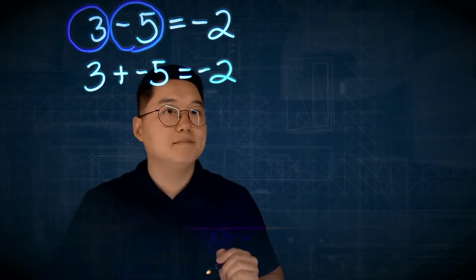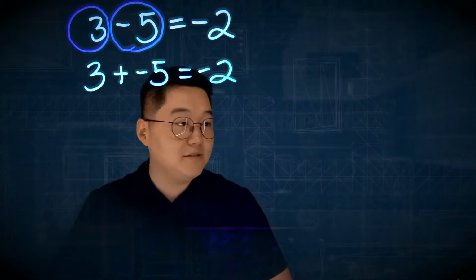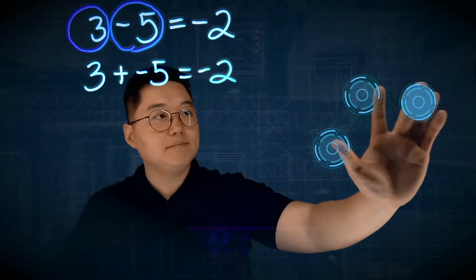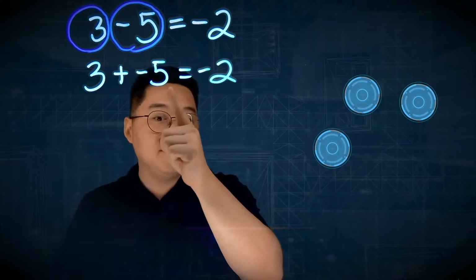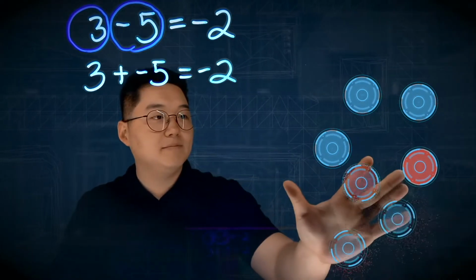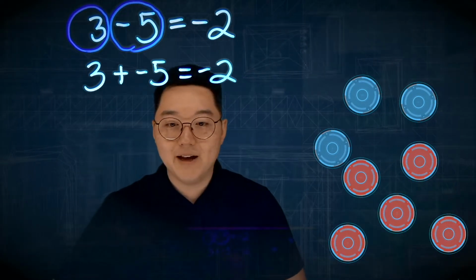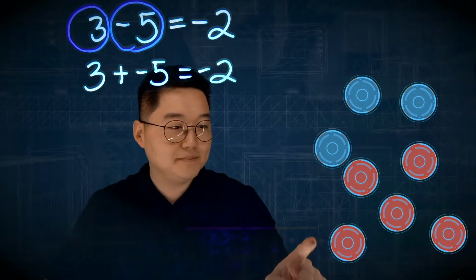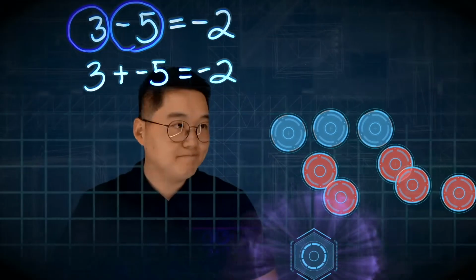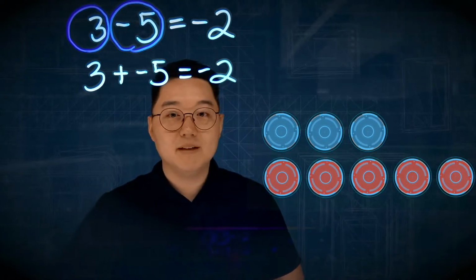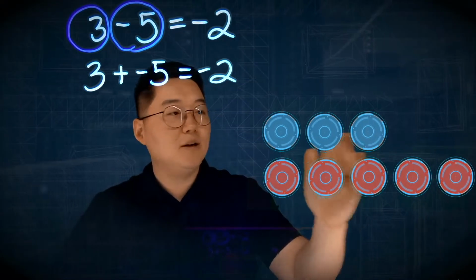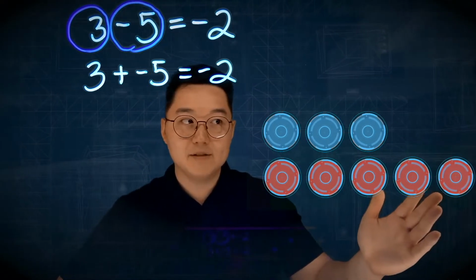So I'm going to show you guys 3 positives again. And this time we need 5 negatives. And I'm going to go ahead and organize it for you guys. There you go. So we got 3 positives combined with 5 negatives.